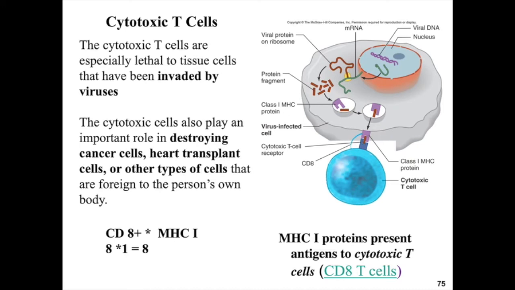These proteins are not the cell's, so are not our own body's. So they will be presented in an MHC class 1, and they'll be identified by the cytotoxic T cells as foreign. And that will induce a response against this cell. That's why it's called cytotoxic. So they kill other cells.